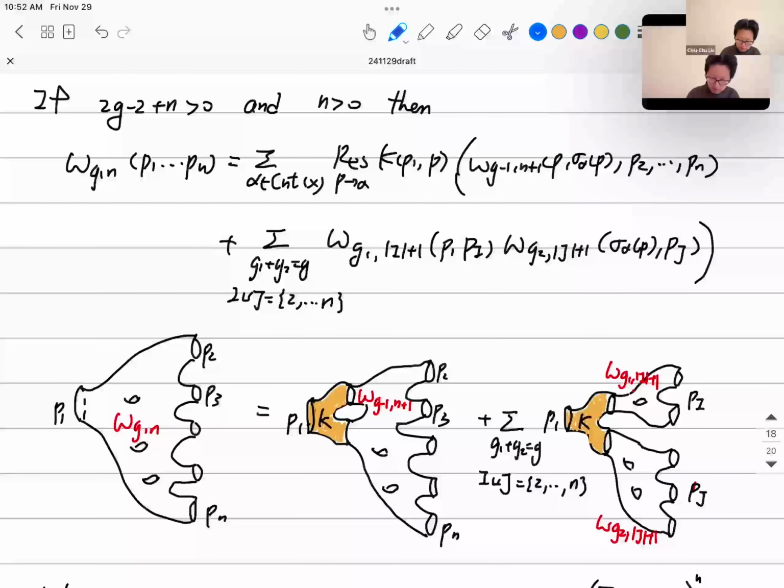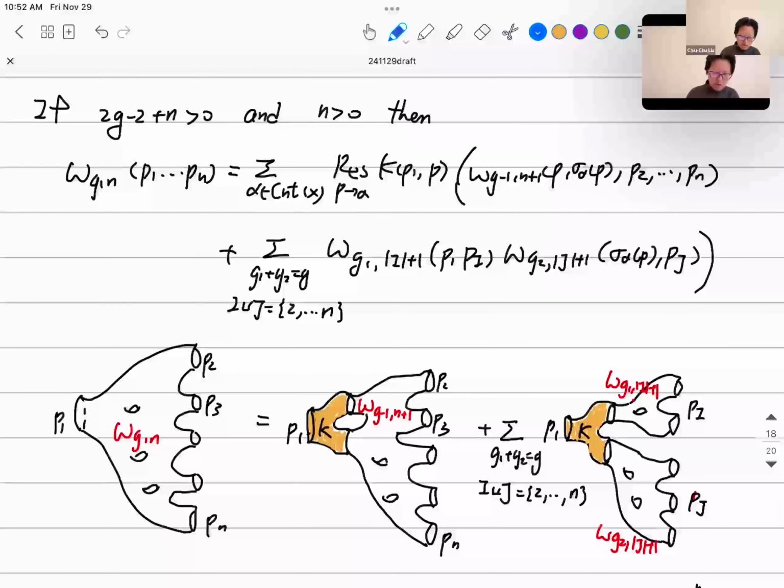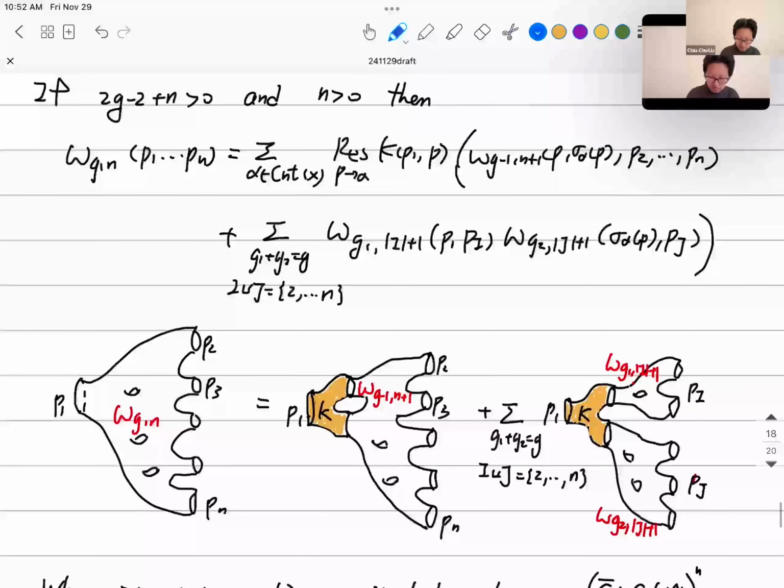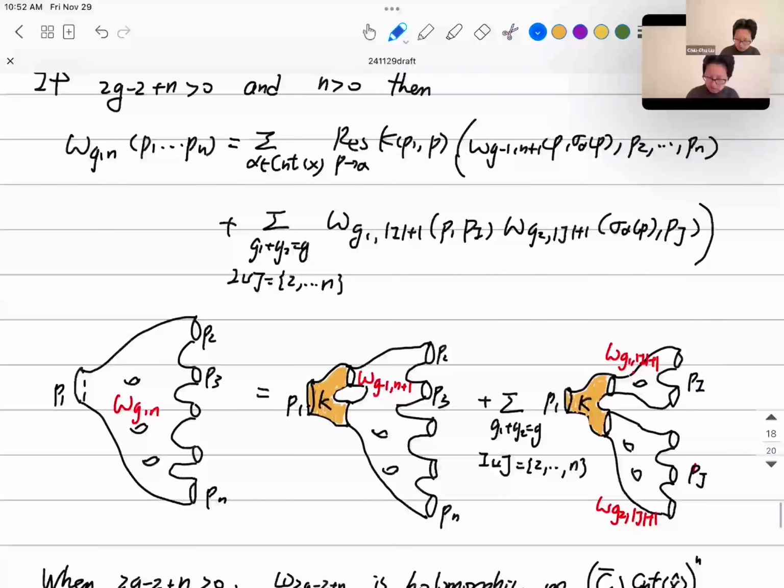So now we have initial conditions omega 0,1 and omega 0,2. The topological recursion is defined recursively as follows. We define omega g,n using the residue and lower terms, omega g,n plus 1, omega g minus 1, n plus 1, and also there's another sum.